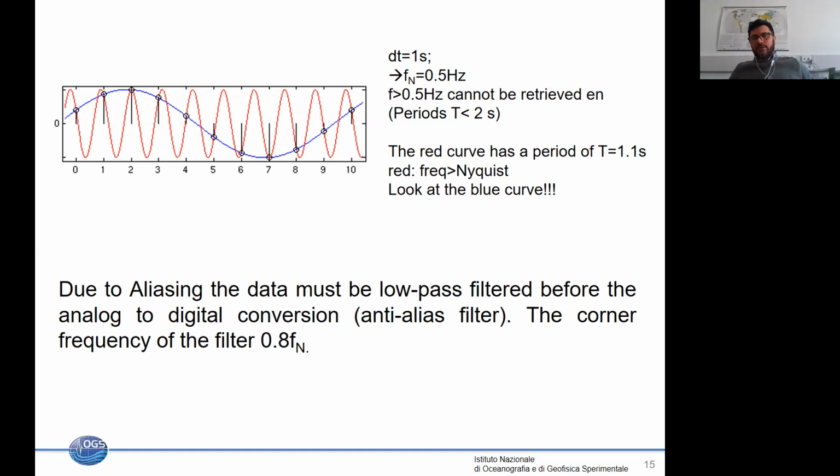If it's 100 hertz, the Nyquist frequency is 50 hertz. 0.8 of 50 hertz is 40 hertz. So we will have a filter cutting, before digitizing, all the frequencies higher than 40 hertz. Then on what remains the digitalization is applied, and we get a digital signal in which we do not expect to have aliasing.